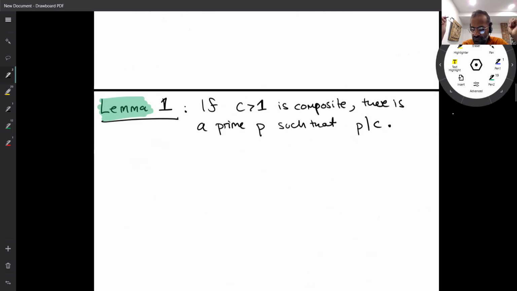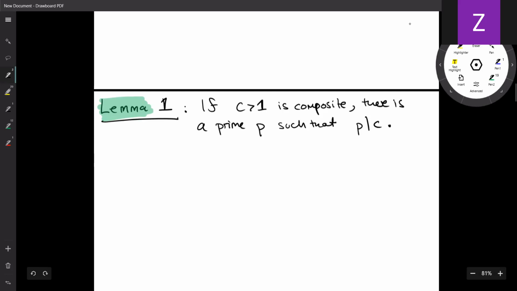So any intuition about why this is true before I explain the proof? Why do you think this is true? How would you go about proving it? I think that if C is divisible by a number that isn't prime, then it would be divisible by a composite number.